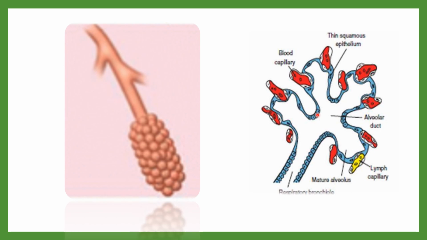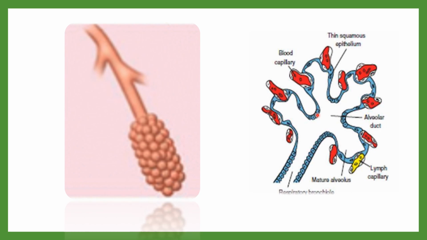A few alveolar cells are type 2 cells, which contain abundant cytoplasm. This cytoplasm contains phospholipid-rich surfactant fluid. This surfactant fluid lowers the surface tension and also prevents the collapse of the lung during expiration.